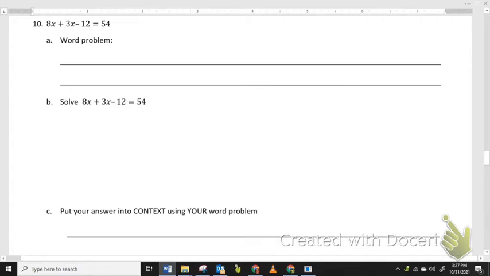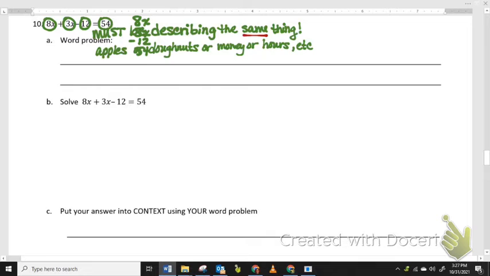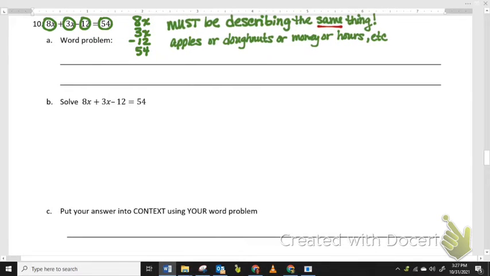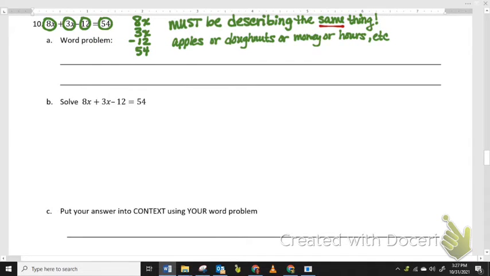And so similar to problem number 9, all of these terms in this equation here, the 8x, the 3x, the 12, and the 54, all of those pieces have to have the same meaning. So let me write that down. 8x, 3x, technically that's a minus 12, and 54 all must be describing the same thing.